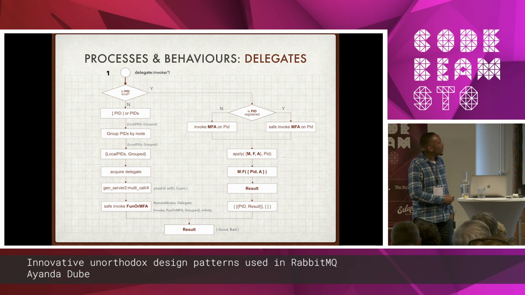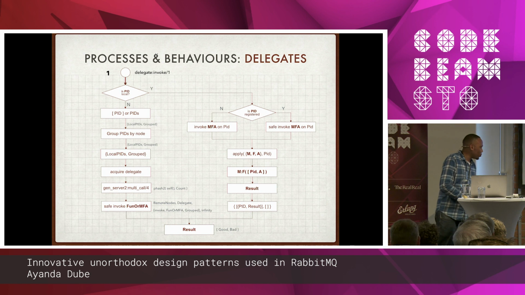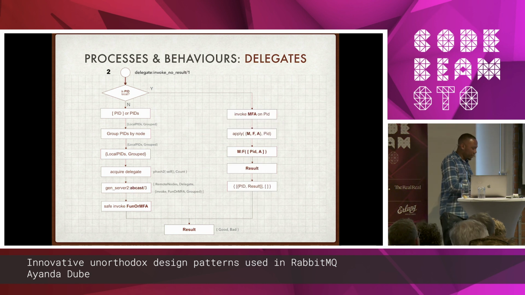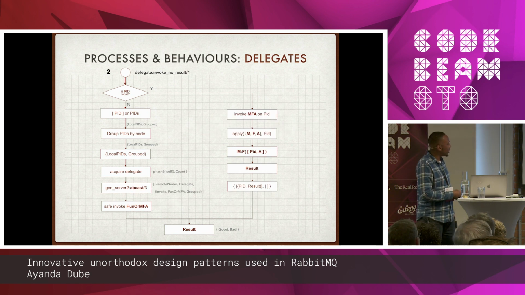But if that process was local, it will just execute it on the local node. So your remote calls and your local calls are segregated before execution. And then for the asynchronous operations, it's similar, right? But this does a GenServer 2 upcast.